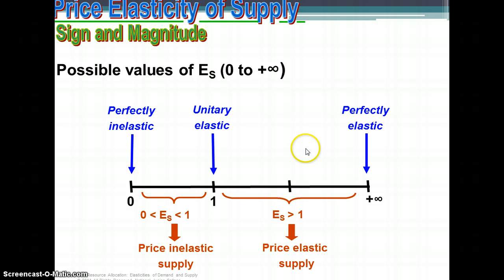For the three special cases: when the PES value is equivalent to 0, the supply is perfectly price inelastic. When the PES value is equivalent to 1, the supply is unitary elastic. For the last case, whereby the PES is infinity, the supply is perfectly elastic.